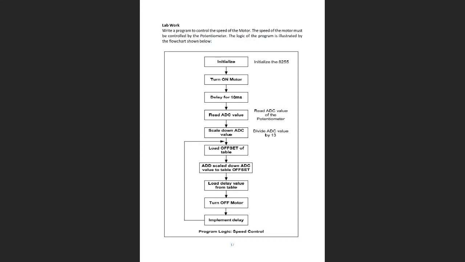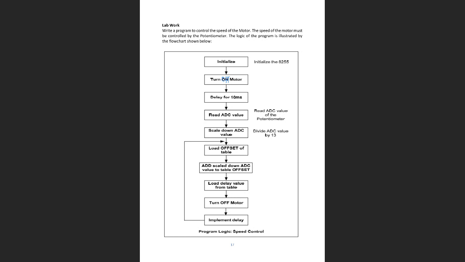Now, what is the flowchart for the whole program? First of all, initialization, turn on the motor. Delay for 10 milliseconds. I think make it turn off first. Make it off, not on first.